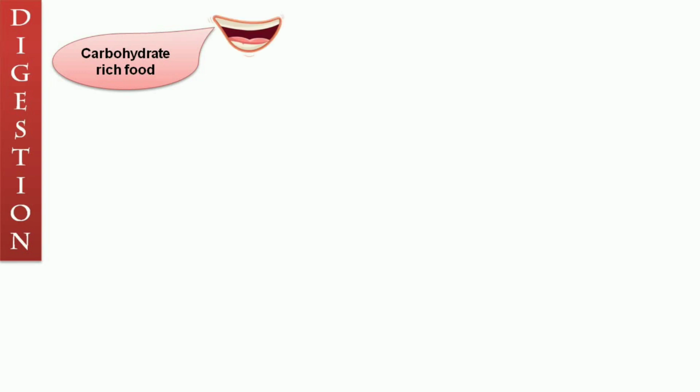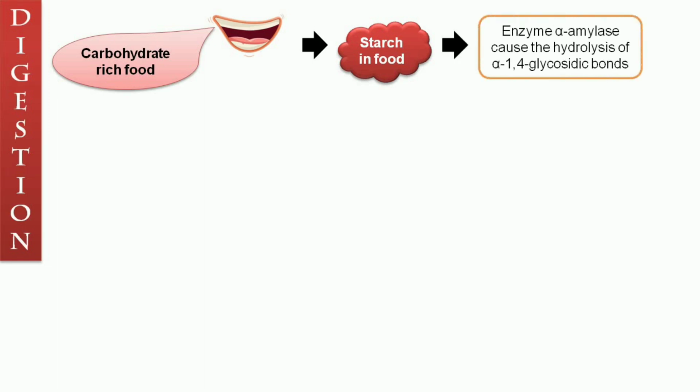Now, for the digestion of carbohydrates, the carbohydrate-rich food is taken into the mouth, and then it is considered starch in food. The enzyme alpha amylase present in the salivary enzymes causes the hydrolysis of alpha-1,4-glycosidic bonds.